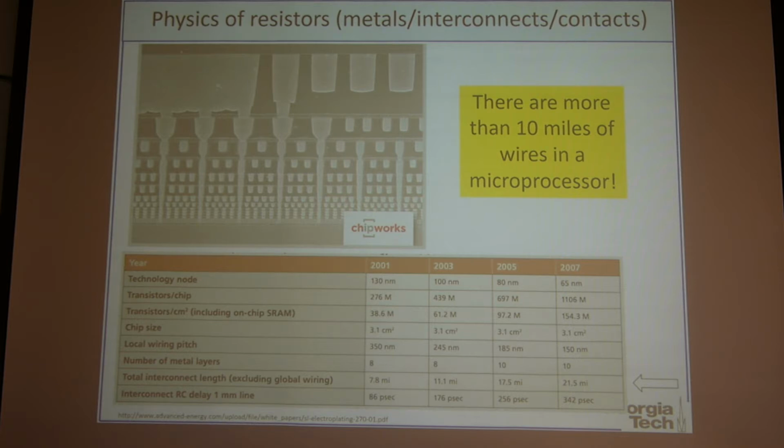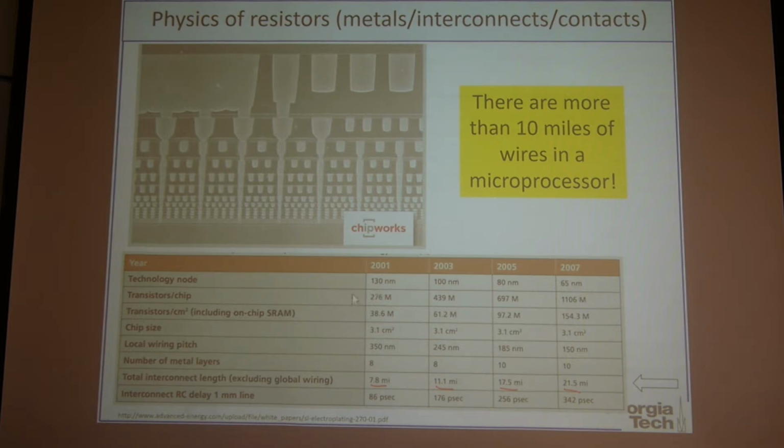So if you look carefully here, you will see this is the total interconnect length. Okay, it's in the unit of miles. These are different generations of the processor, from 2001 to 2007. The technology node goes from 130 nanometer down to 65 nanometer.